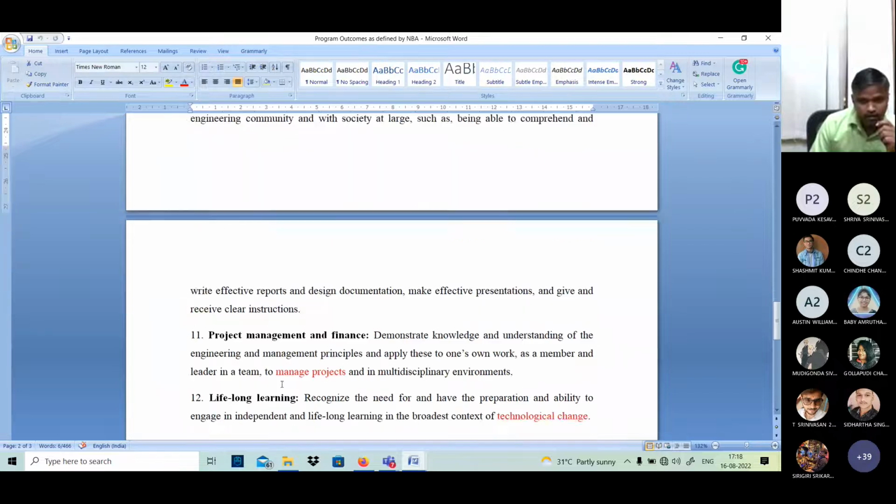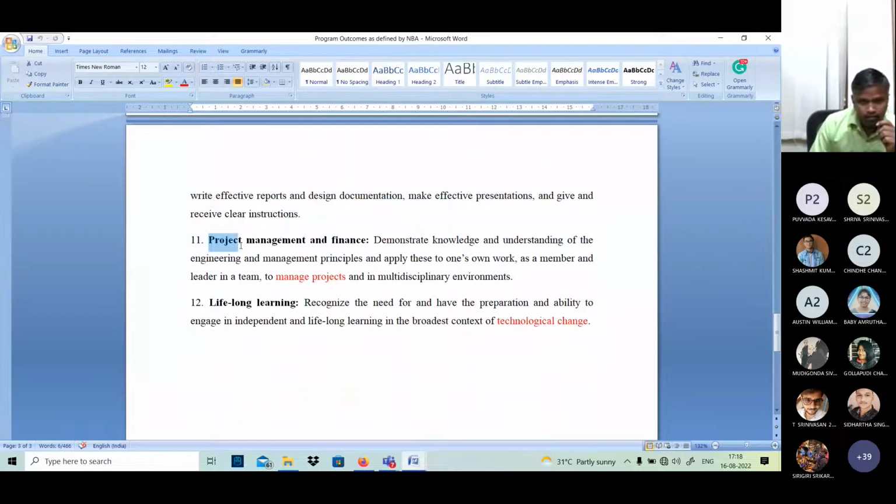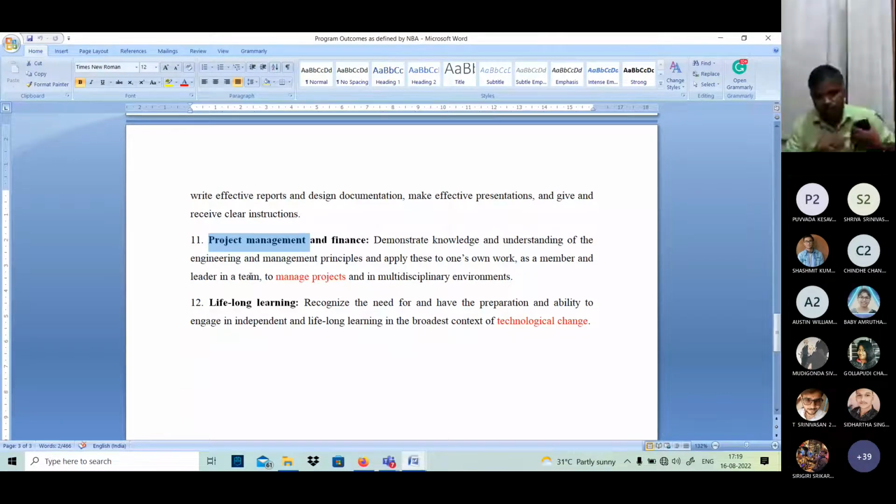fluently, right? And 11th program outcome, after completion of the BE program, you should be able to manage the project. If there is any project available, you should be able to divide the work and complete the work on time. That is important.